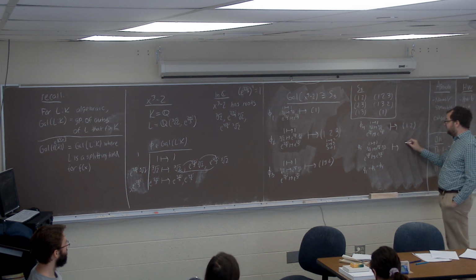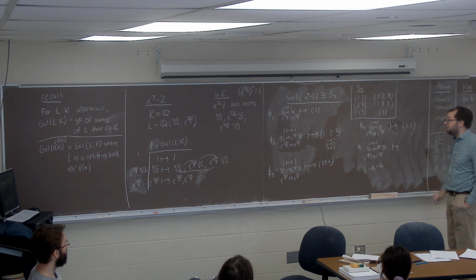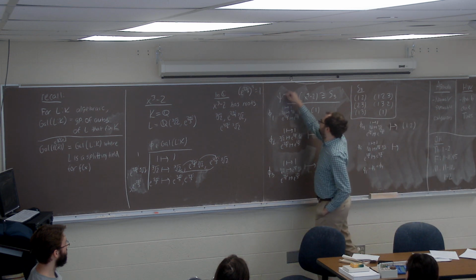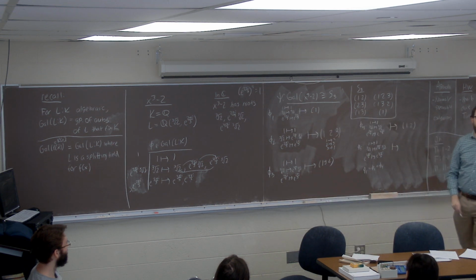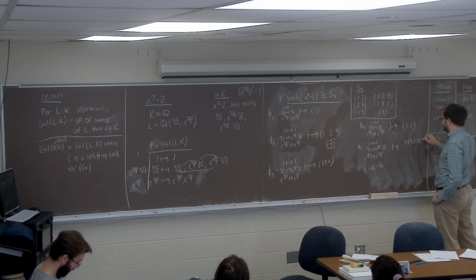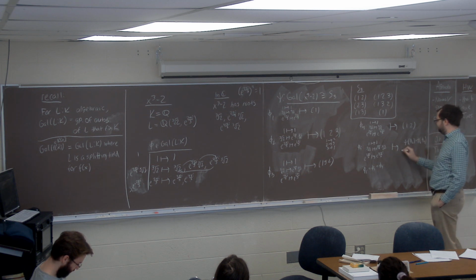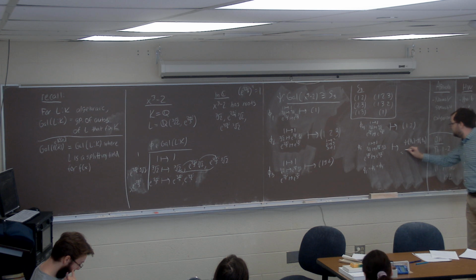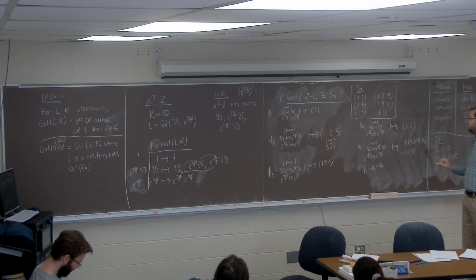So here, we need to compose phi 2 and phi 4, specifically psi of phi 2 and psi of phi 4. Psi of phi 2 is (1 2 3). Psi of phi 4 is (1 2).